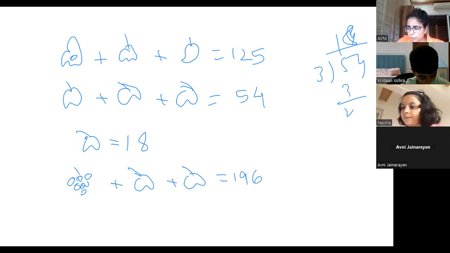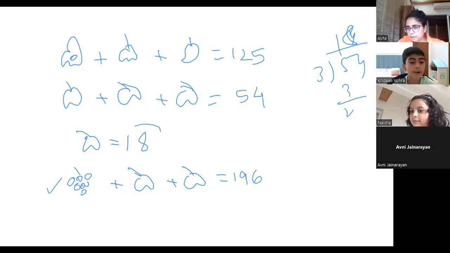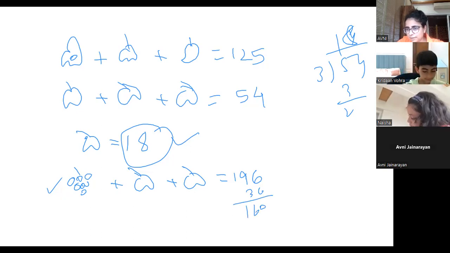We know the value of the apple. 18 plus 18 is 18 times 2 is 36. 196 minus 36, answer आया 160. So the value of grapes is 160. But we have to find the value of the flower here.